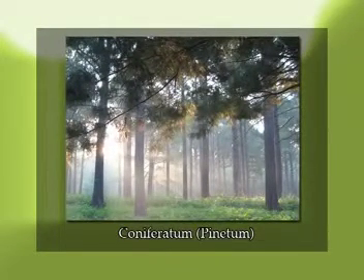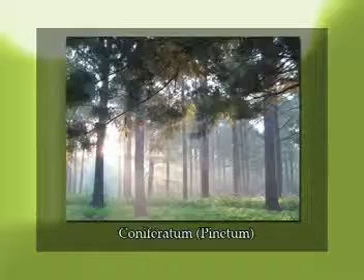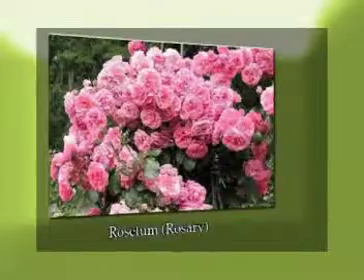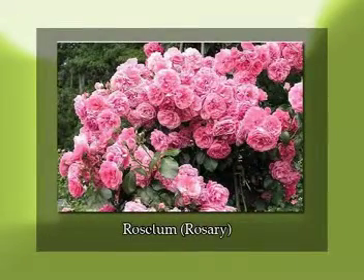Coniferetum or Pinetum is an arboretum or its parts where only conifers are grown. Salicetum is an arboretum or its part where willows are maintained. Rosetum or rosary is an arboretum or its part where roses are maintained.